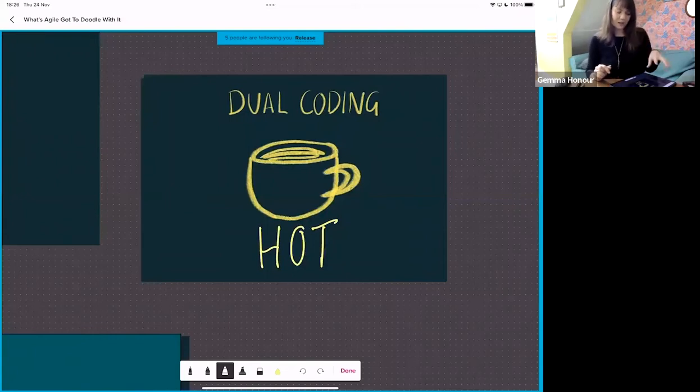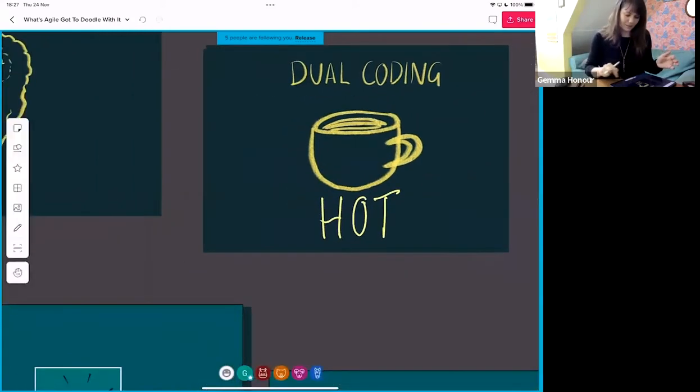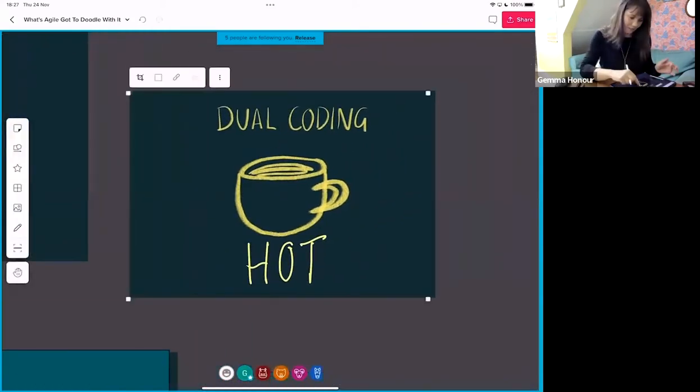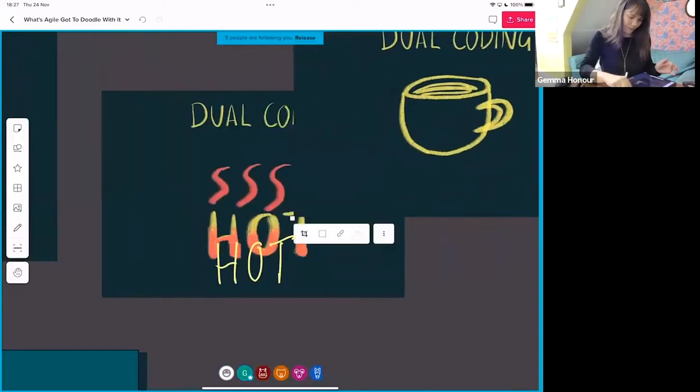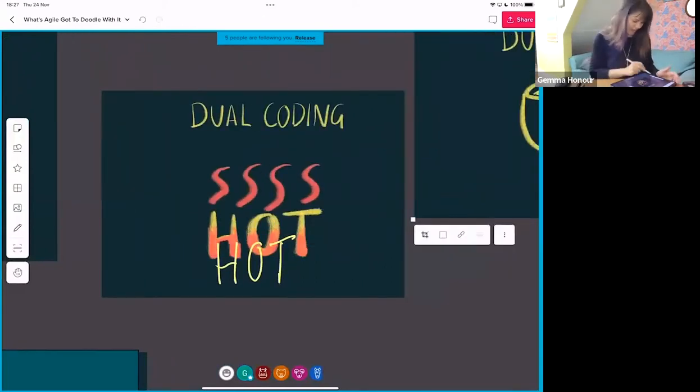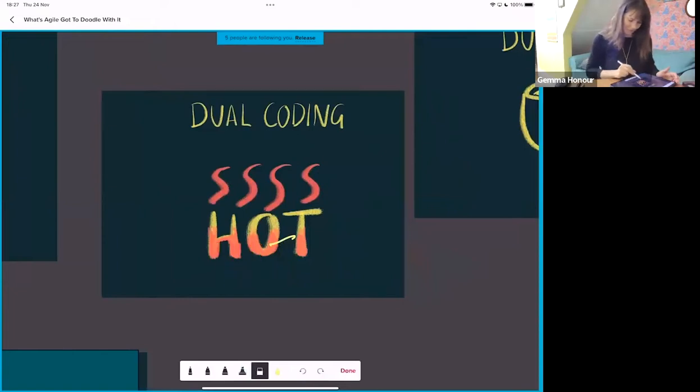However, we don't even need that sophisticated of a picture to be able to communicate something like that. We can, in fact, just have literally here the word hot, and all I've done is added a little bit of colour and some wiggly lines.